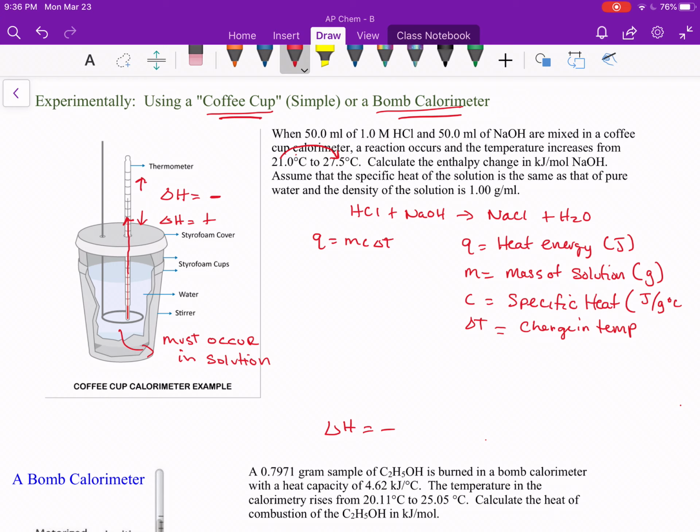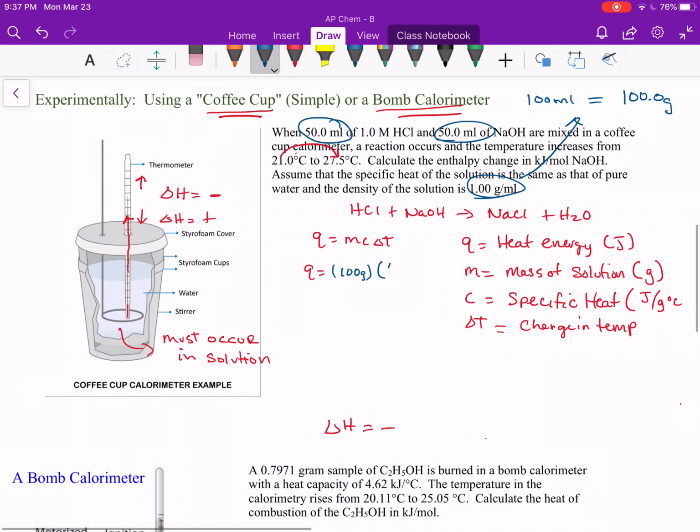And so we know that Q here, in this case, we're mixing together 50 milliliters and 50 milliliters. That's going to be 100 milliliters, right? And since the density is 1, we know that that then equals 100 grams of our solution. We know the specific heat, in this case, we're going to use the specific heat of water. That's 4.18 if you don't remember that.